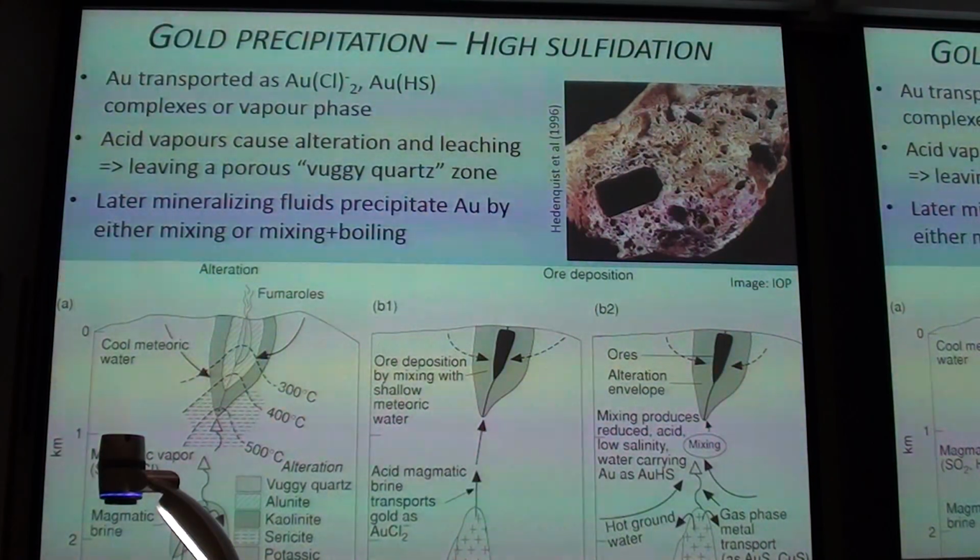The precipitation processes for high sulfidation epithermal deposits. So the gold is transported as these complexes, gold chloride and gold sulfides.